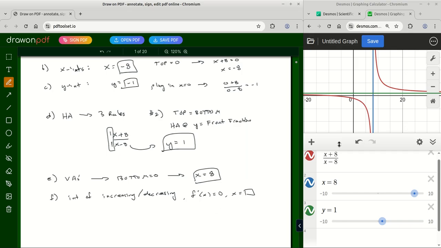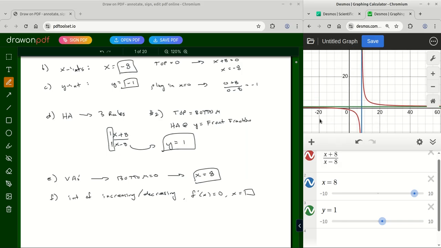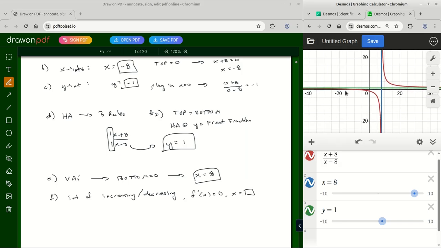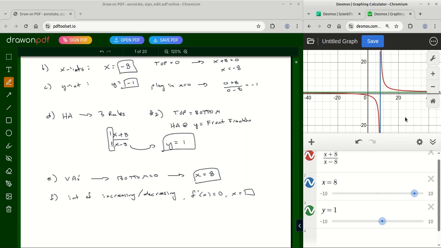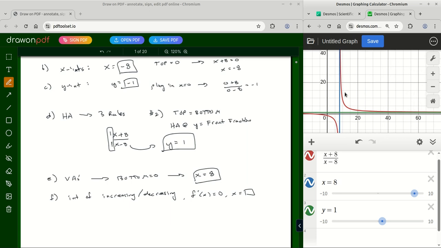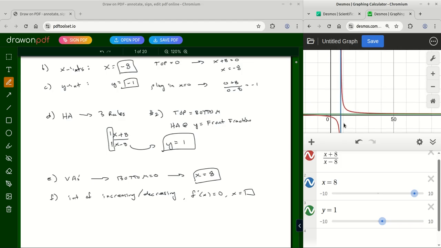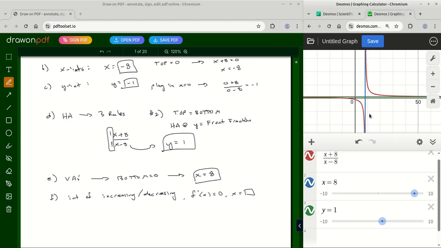But if you look at how Desmos looks, this right here is going down. It's really slowly going down, but then it goes down like whoosh. And this right over here is going down as well. If you're going from left to right, as you read the numbers, it's going down. So everything's going down. The only place that it's not going down is this vertical asymptote. And so it's basically going down everywhere.